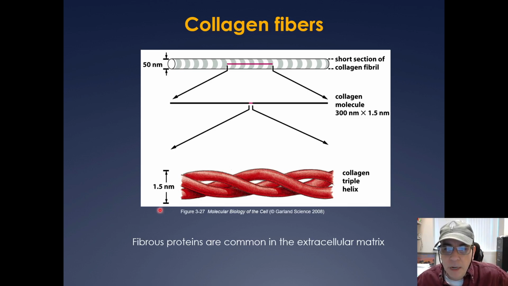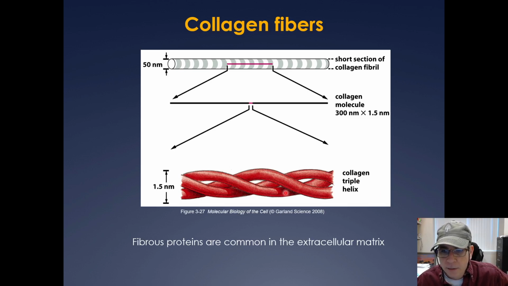Here's the collagen fiber. This is a protein fiber that is very prevalent in our extracellular matrix. Here's a short cross section of it, and when you zoom in, it forms this collagen triple helix bundle, which is very similar to the 2 helix bundle that we saw, except there are 3 of them.